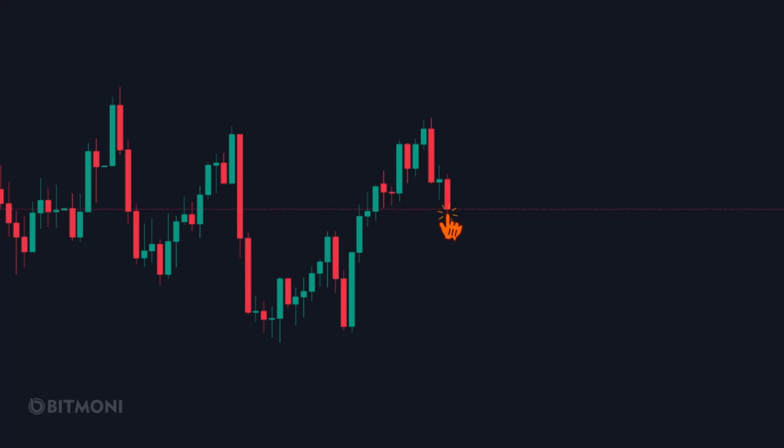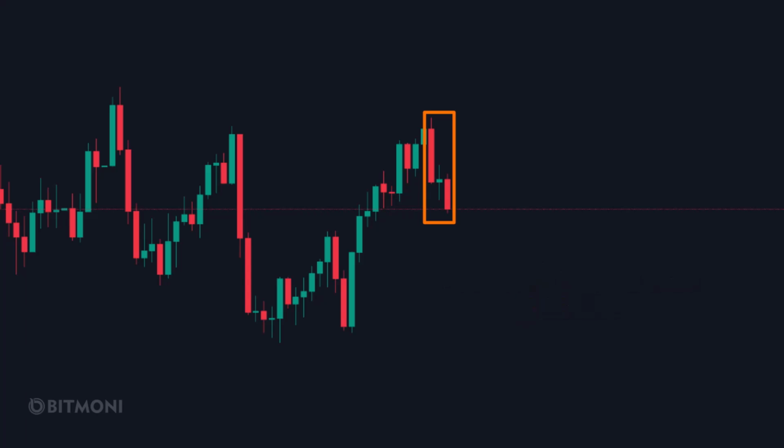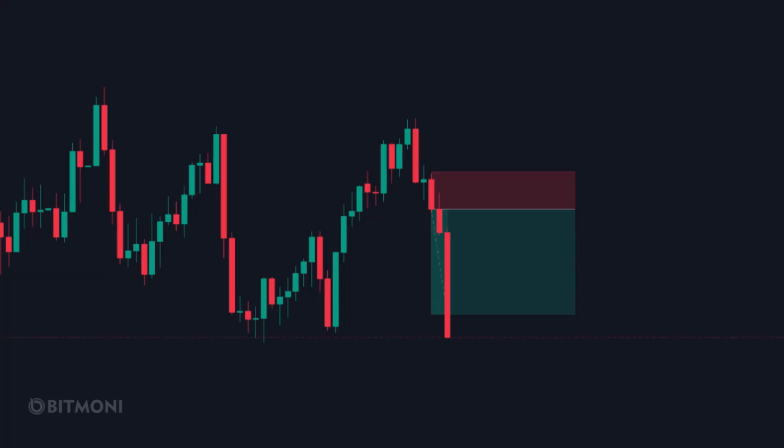Next, we also have a red candle that closes below it, which is our confirmation bar. In this case, it is a bearish 3-bar pattern because the momentum is heading downwards. So we could open a short position at the close of the confirmation bar, and we can see that the price made a downwards movement after the pattern has formed.